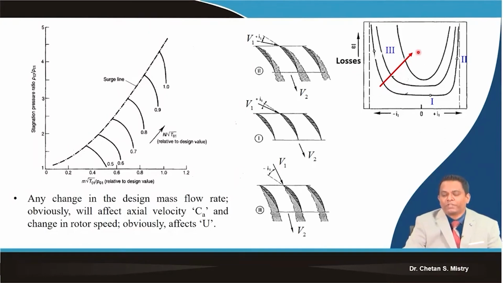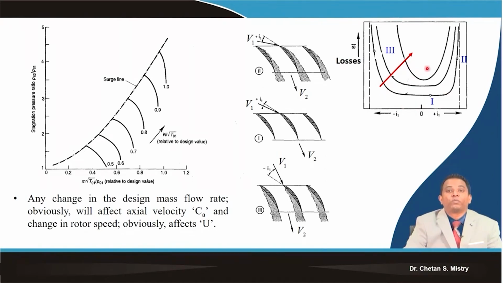Now this represents when I am changing my operating condition, say mass flow rate, or when I am changing my peripheral speed. With a change from the design condition, blades will become very sensitive. Okay, so if you look at this, it is my safe operating range.